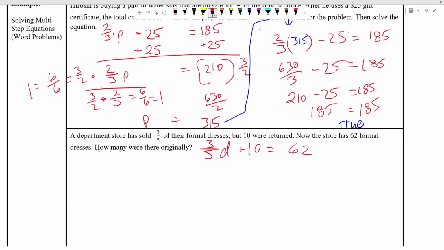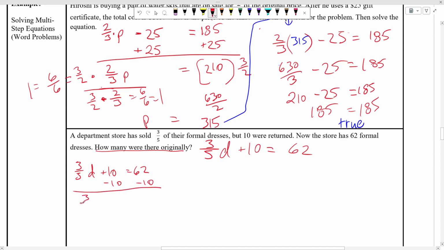All right, so let's work it. Let's get D all by itself, because that is the question. How many dresses were there originally? So 3/5 D plus 10 equals 62. I'm going to start writing things on this side here. Minus 10, minus 10.